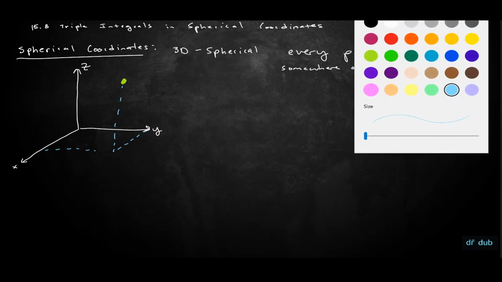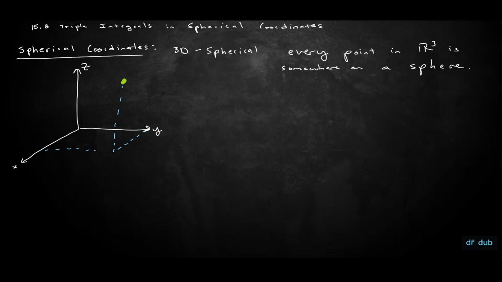But now instead what we're going to do is we're going to use some different coordinates. We're going to use this thing called rho, this angle theta, and this angle phi. So now this point is the point we call rho theta phi.